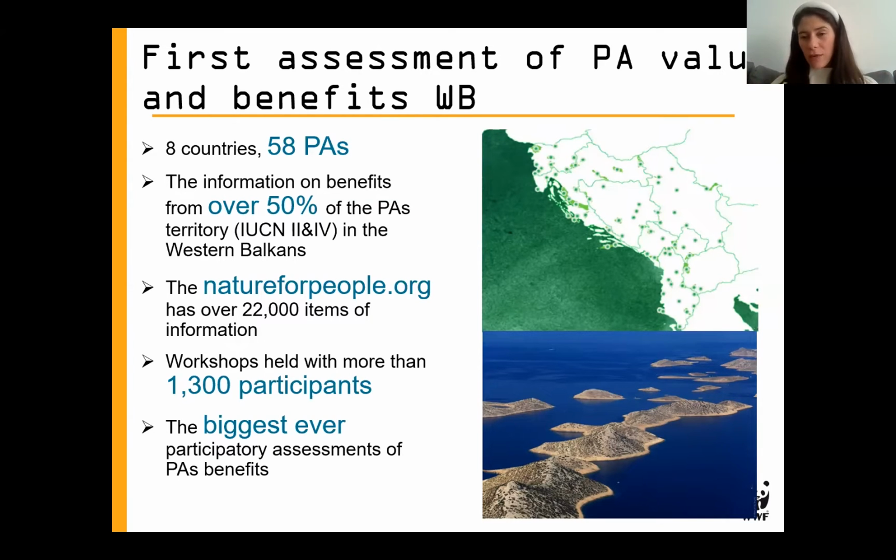We have more than 22,000 data points gathered from participants, and more than 1,300 people participated. The big thing behind it was that it was the first opportunity for the local community, for all the fishermen, beekeepers, and women's associations, to come together with the protected area staff and managers and discuss.